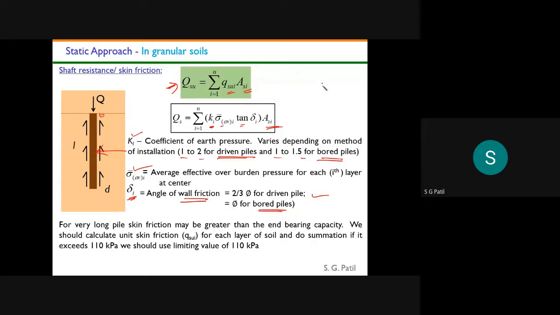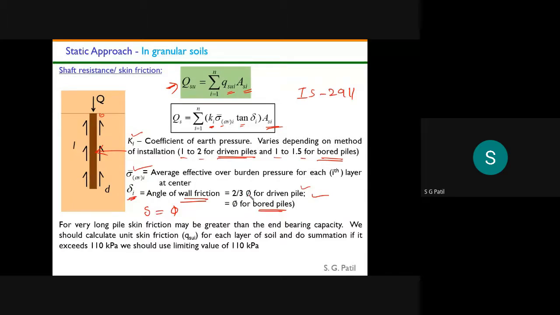But in IS 2911, if you refer to IS 2911, what they suggest is that you take delta almost as the phi value. But some researchers ask you to reduce the delta value by 2/3 times in the driven pile, because in the driven pile there will be some disturbance between your pile and soil, and there will not be a clear-cut bonding.